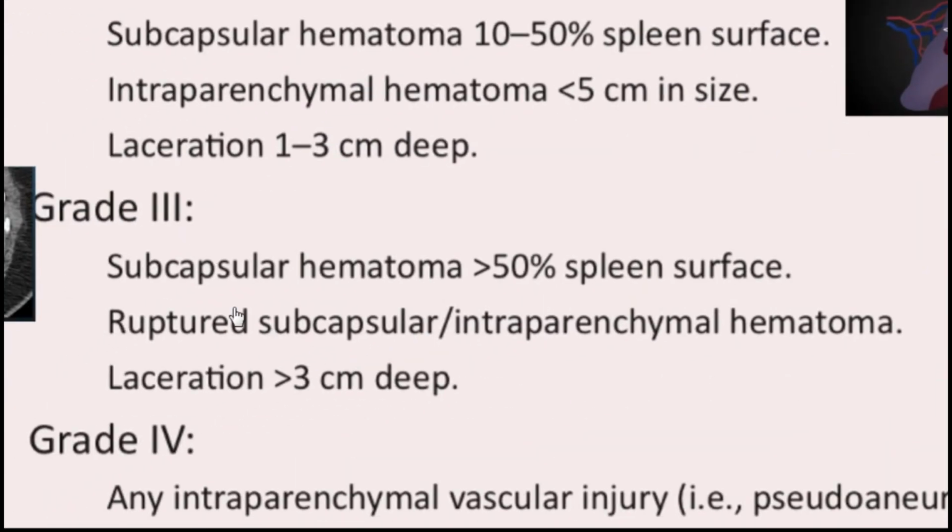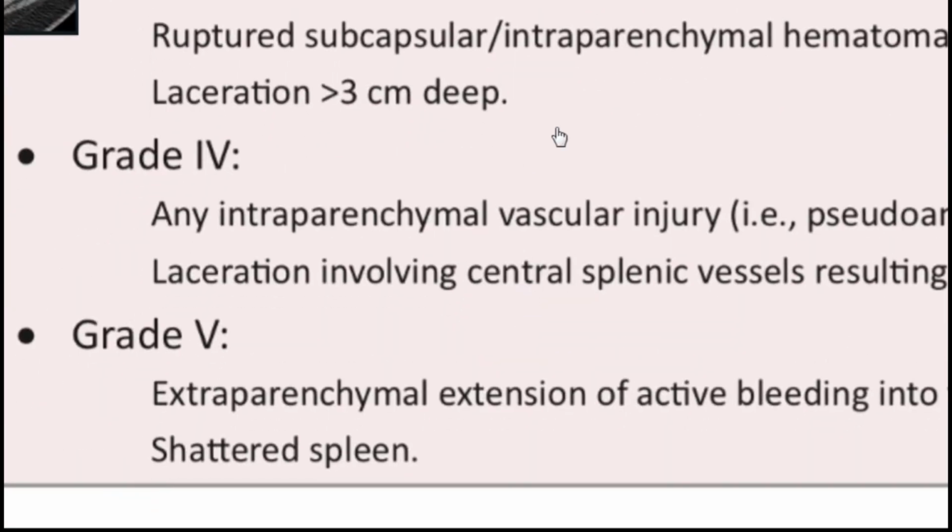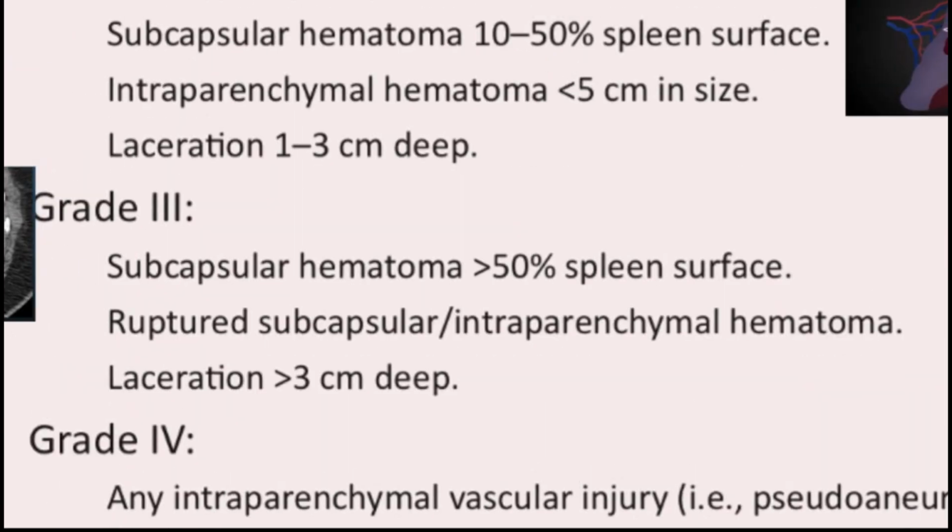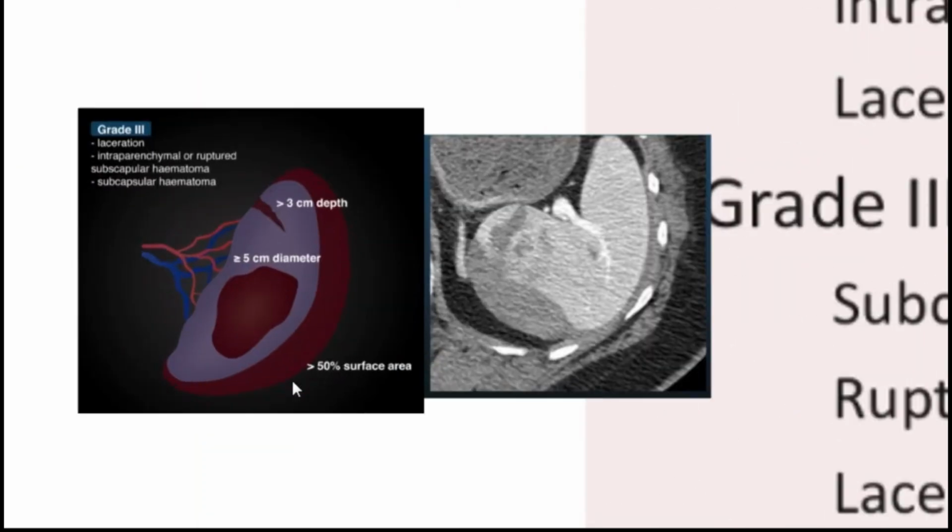Now about grade 3, when the subcapsular hematoma is more than 15% of the spleen surface, sorry, or when you have a ruptured subcapsular or intraparenchymal hematoma, or the laceration is more than 3 cm deep.